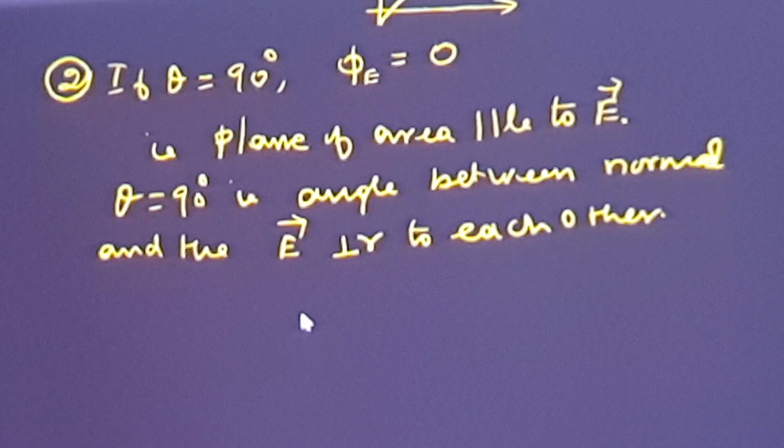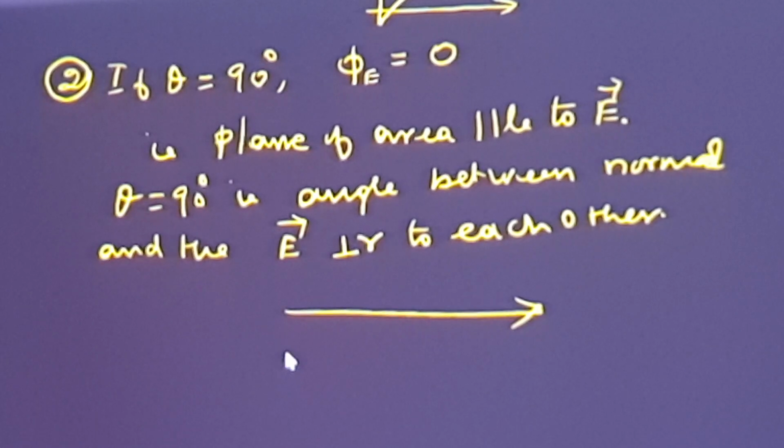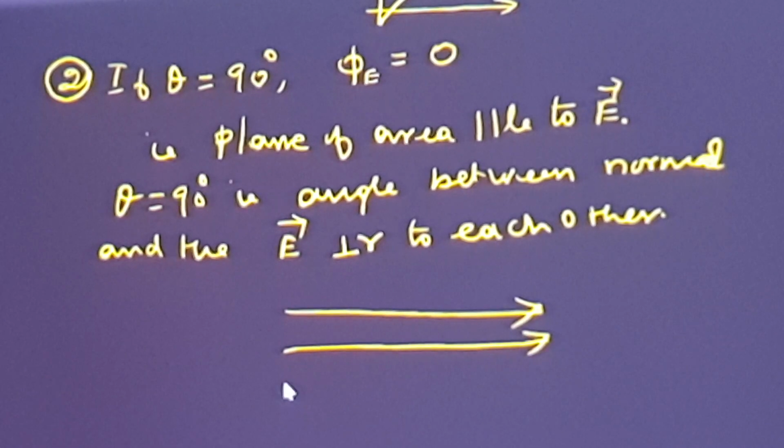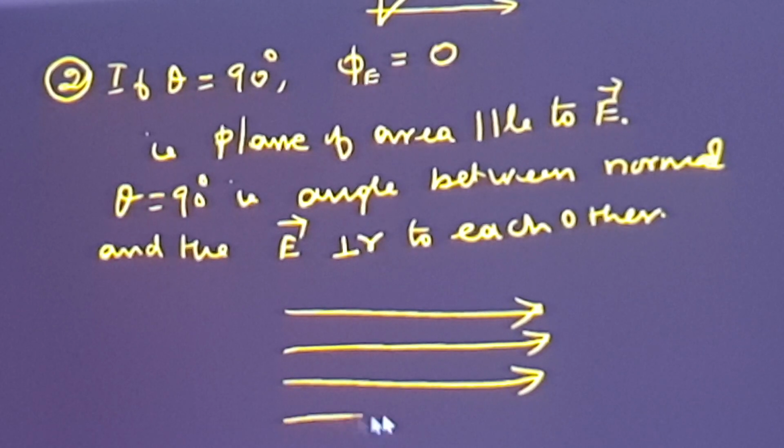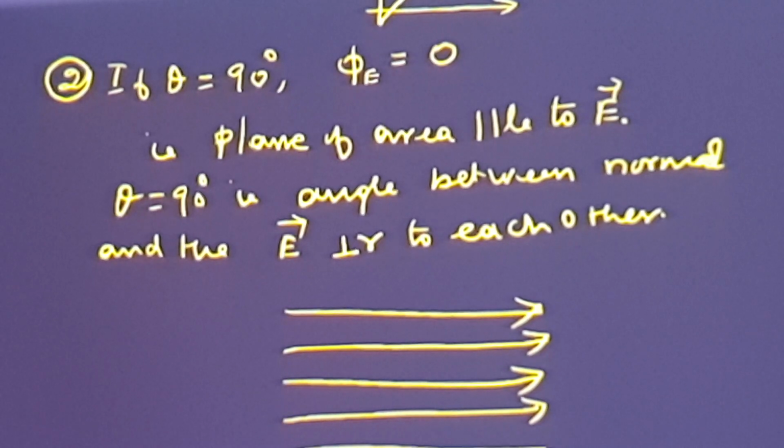If you want to represent it with the help of a diagram, let us consider these lines as parallel lines representing a uniform electrical field, and I consider an area parallel to the electrical field.